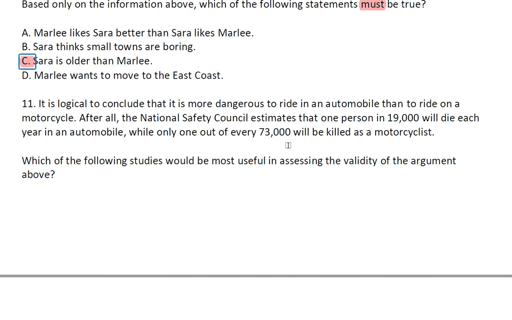All right, it is logical to conclude that it is more dangerous to ride in an automobile than to ride on a motorcycle. After all, the National Safety Council estimates that one person in 19,000 will die each year in an automobile, while only one out of every 73,000 will be killed as a motorcyclist.